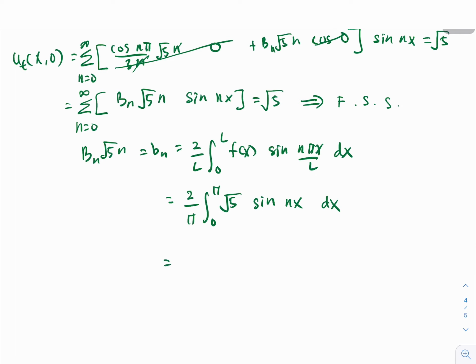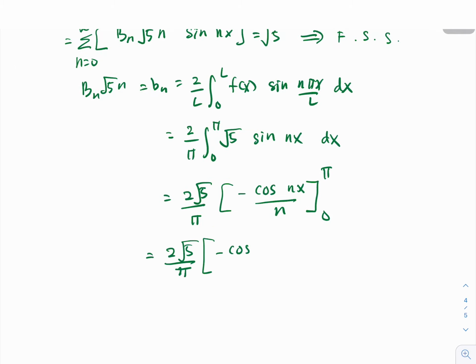So if we integrate sine, we have negative cos. So 2 z5 over pi, negative cos nx over n from 0 until pi. So negative cos n pi over n plus cos 0 over n.